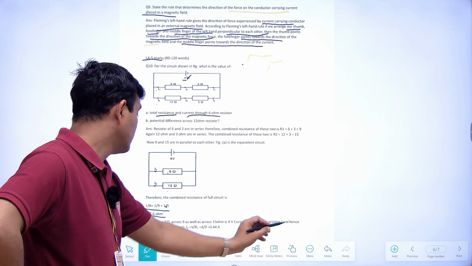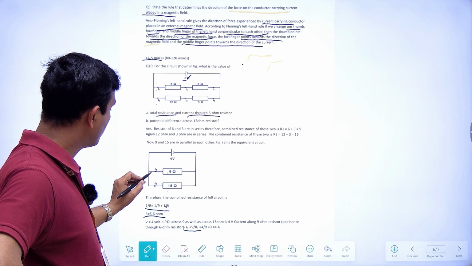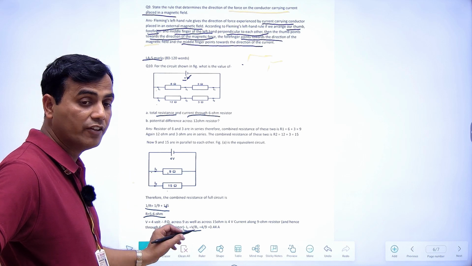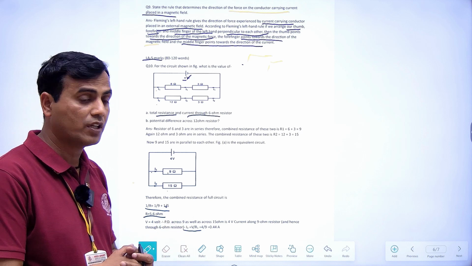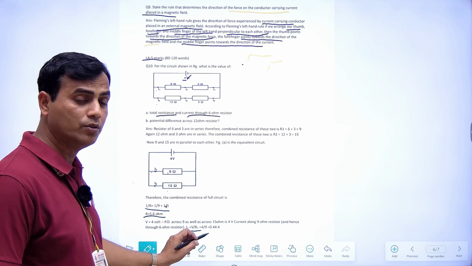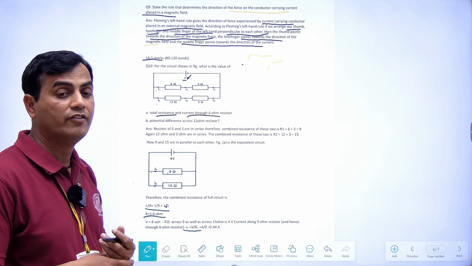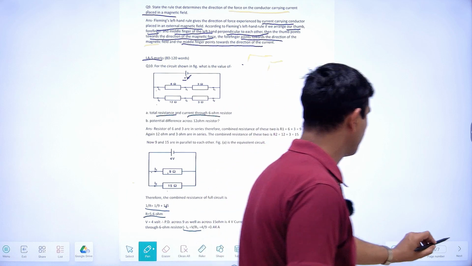Now we put in the values for I1. First I1 particularly for this branch, from Ohm's law I equals V upon R1, V given 4 volt, R1 equals 9 ohm. So the current in the I1 branch is 0.44 ampere.